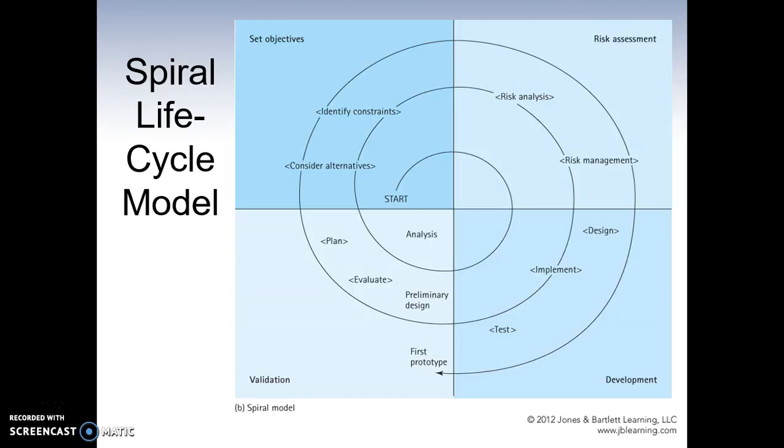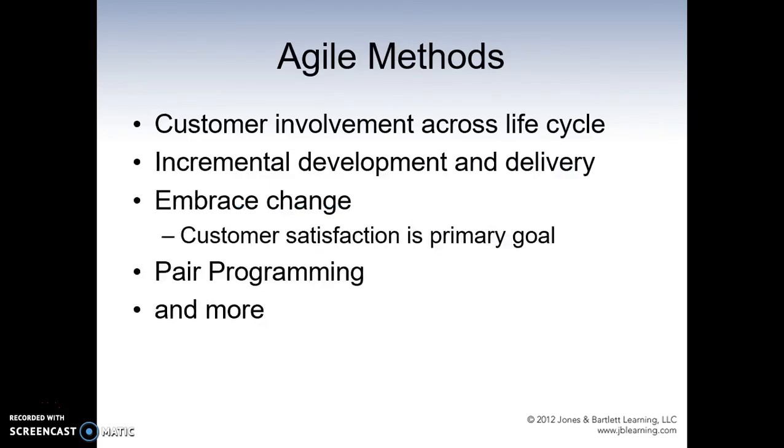Okay. So now let's talk about Agile a little bit here. Customer involvement across the life cycle. This is very important because most of the time when you write a program, you're going to say, is this what he's looking for? Is this requirement not clear? I'm not sure.